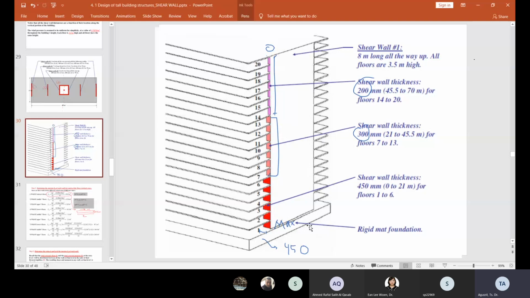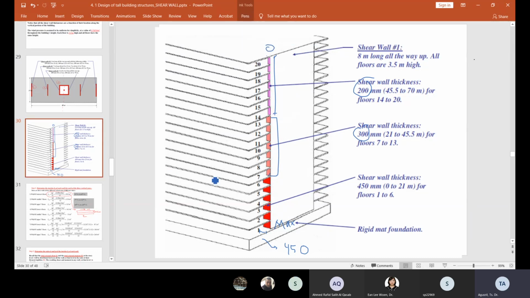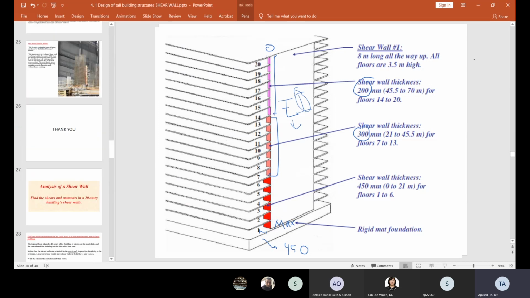As I mentioned last week, the flexural rigidity depends on the E and I values. E is the elastic modulus of the reinforced concrete, so this value is constant. The difference between wall 1, wall 2, and wall 3 is the I value, so for the I value we need to use the equation.